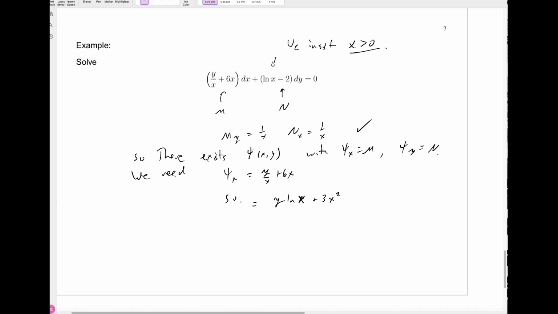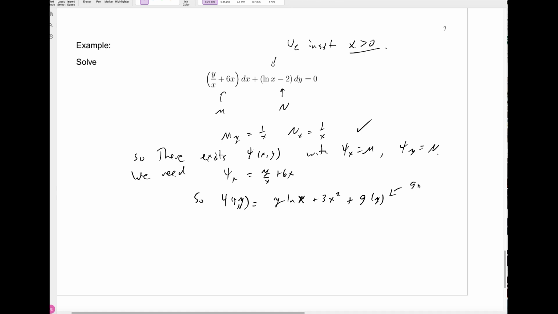Let me write this a little more clearly here. So C of x, y will be what we get when we integrate this. And remember, we can add an arbitrary function of y, and this equation will still be true.